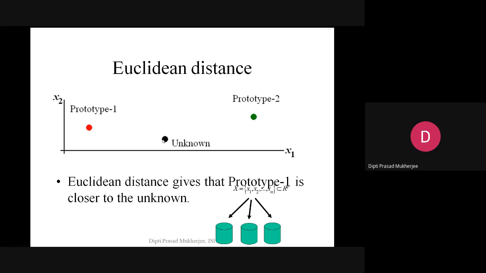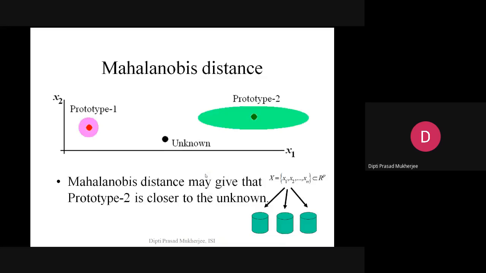Can everyone follow me? Yes, sir. But the moment you look at the real scenario here, looking at the distributions, you will see that the black dot is much closer to the green one because of the spread of the variations of the distributions.